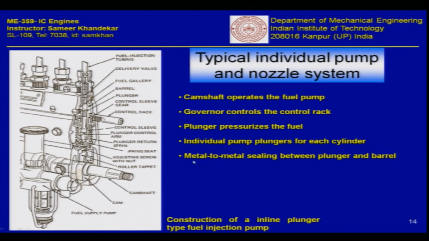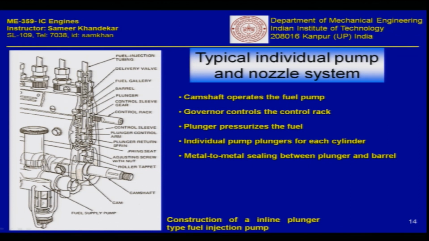And then, as you will recall from my last lecture also, there is a metal to metal sealing between the plunger and the barrel. The helix plunger which we have seen, and the barrel outside, have a metal to metal sealing. That means the finishing is done in such a manner that even when it operates at such high pressures like 50 to 70 bars, for example, the fuel pressed by the plunger is not leaking out.